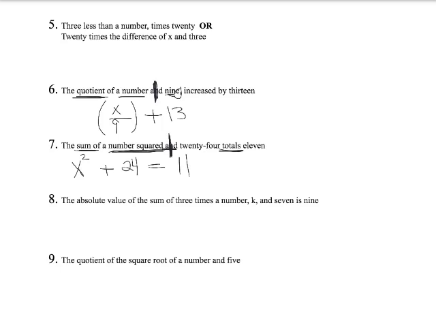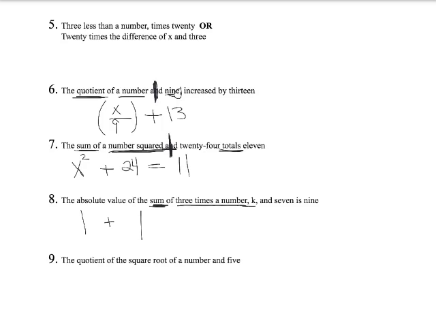Number 8, the absolute value, so I need absolute value bars, right? The absolute value of the sum, so I'm going to be adding something in here. 3 times a number k and 7 is 9.